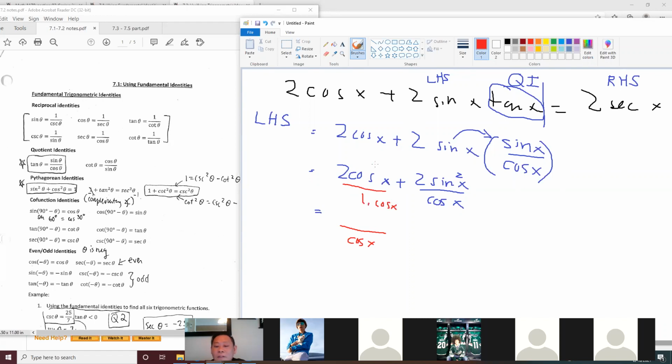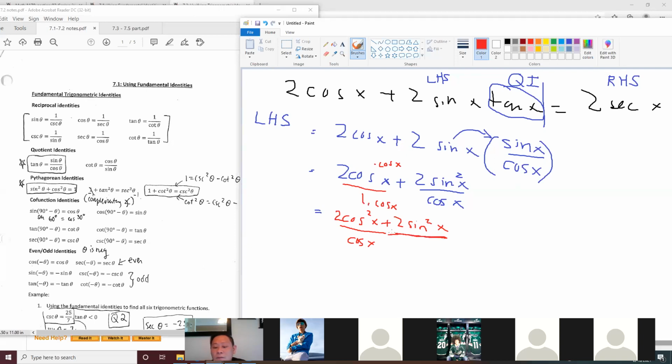Cosine x. This one also has to be multiplied by cosine x. Do we need to multiply anything on the last one? No, because we have cosine x. So your denominator is cosine x. So what do you get on the top? 2 cosine square x plus 2 sine square x.